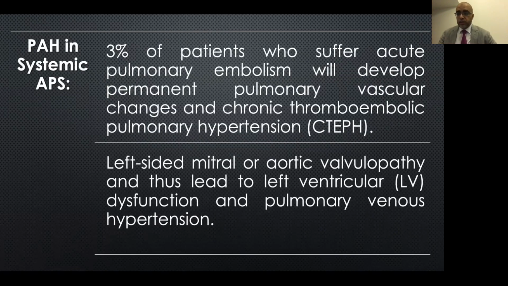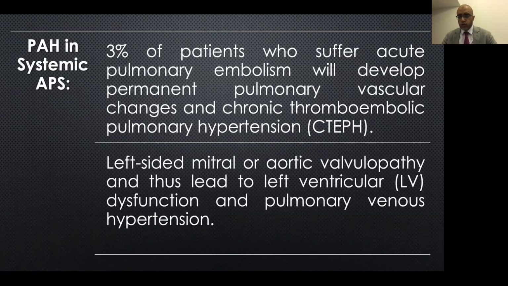Coming to the antiphospholipid antibody syndrome, which is a very unique disease in our specialty, and also very unique in pulmonary artery hypertension. It can cause pulmonary hypertension by two different mechanisms.